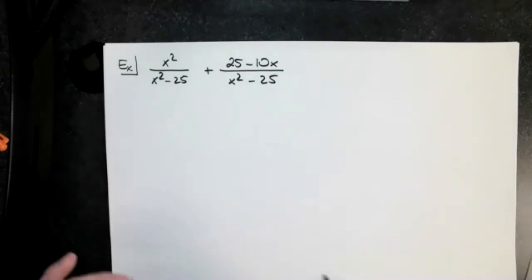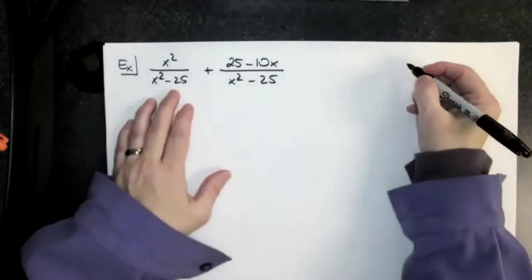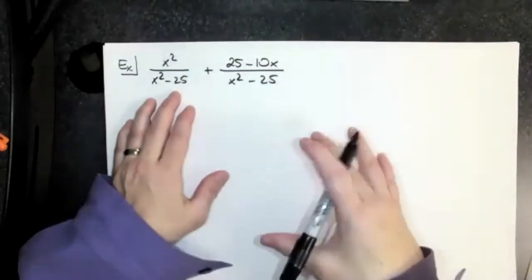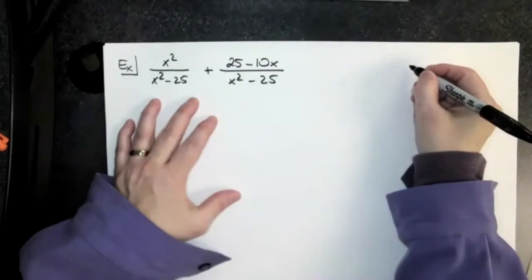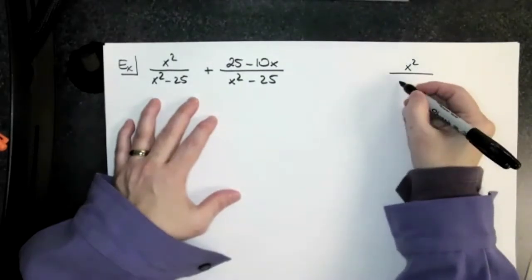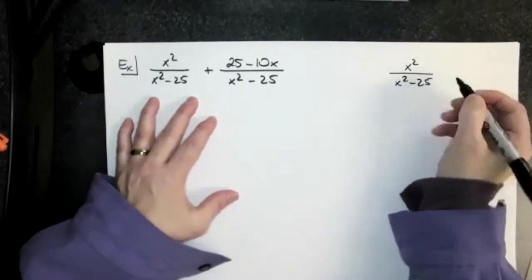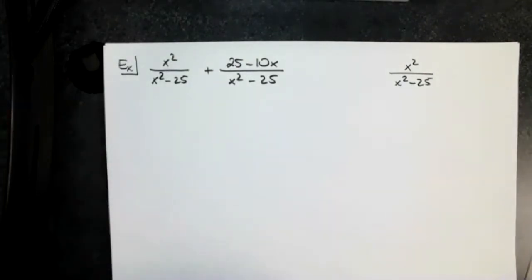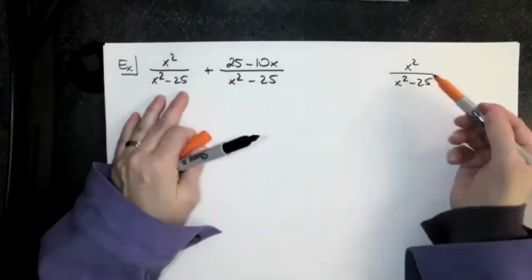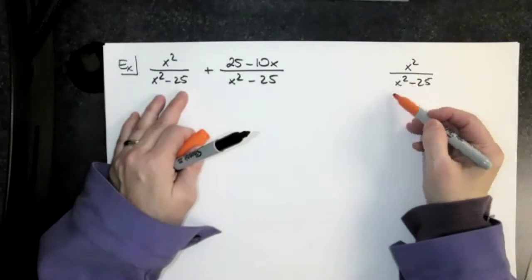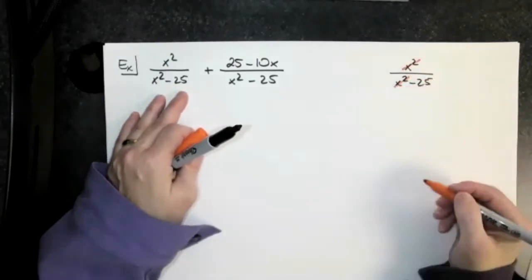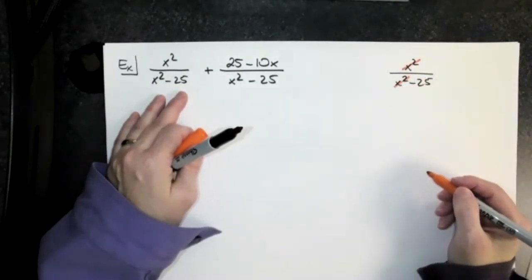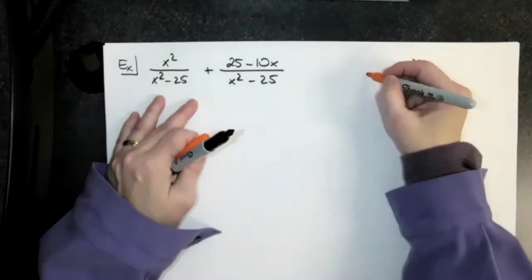Now, this is worth saying. I have had people try to start crossing out first for whatever reason. Obviously this is a don't do this, but a lot of times I see people take this type of expression and then they go, oh, look, there's an x squared up there and there's an x squared down here, and so they just cross those out. You can't do that, because this is a no-no.